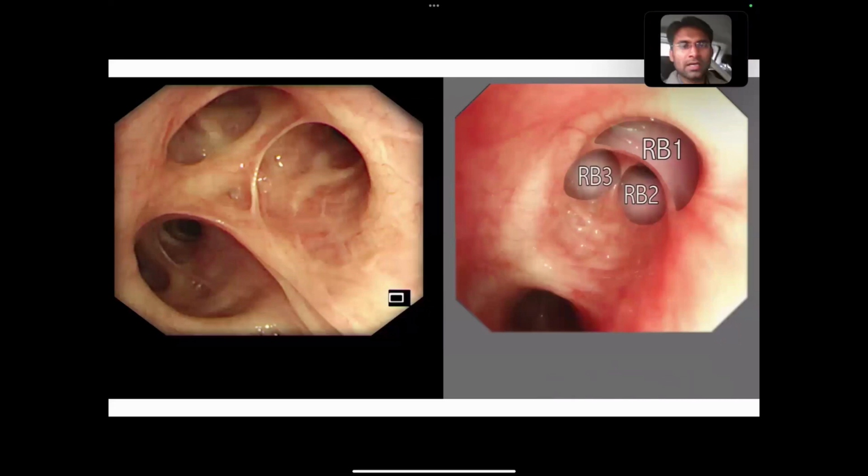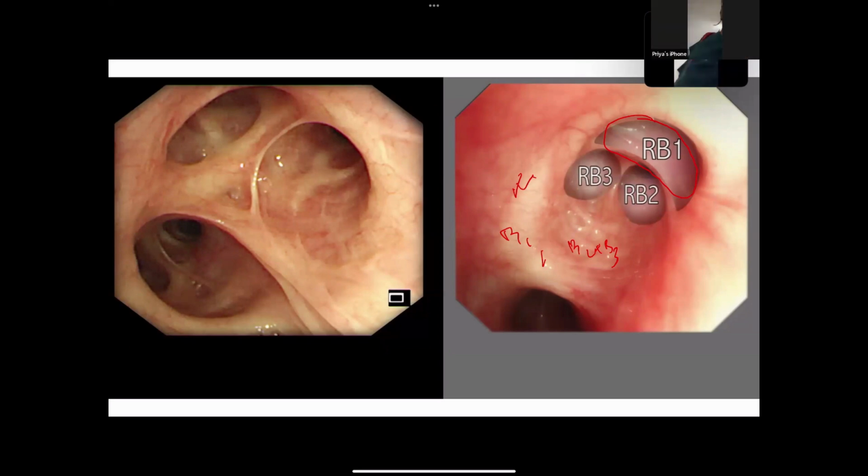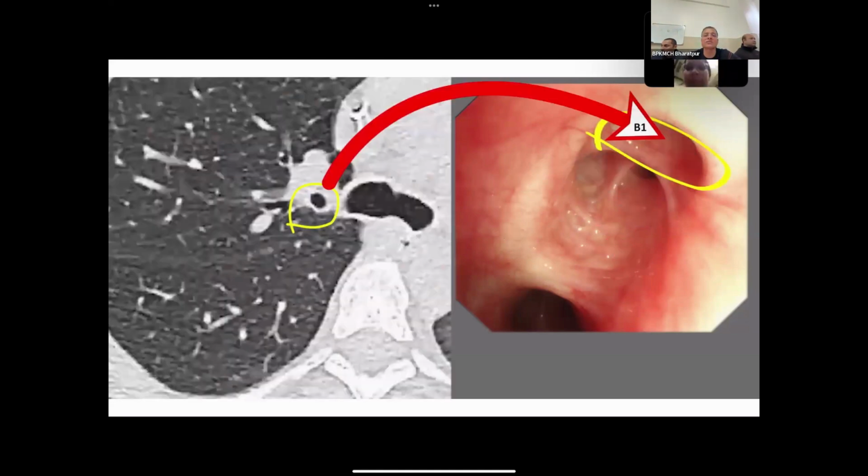In this picture, we can see the pattern of bronchial division: B1 is one segmental bronchus, whereas B2 and B3 share a common trunk. So there is only a bifurcation of the right upper bronchus, not a trifurcation. There is B1, and there is B2 and B3 as a common trunk, which we can visualize here.